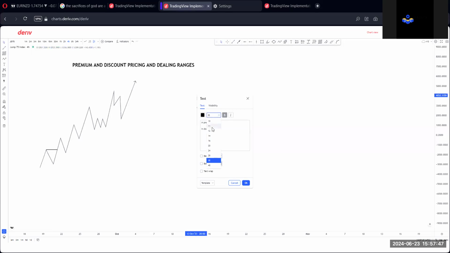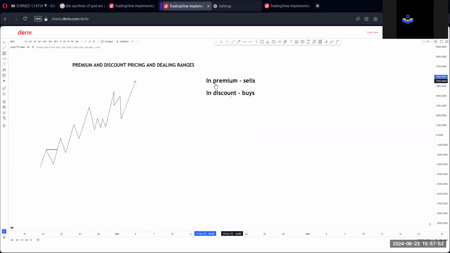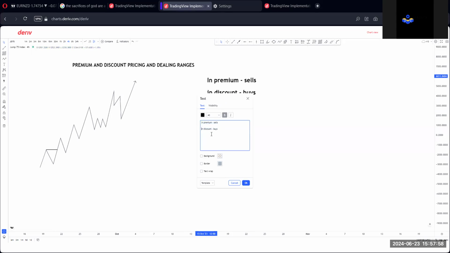So this is regardless of your bias. All right. So if you understand this, then you can employ it in your trading style, and it can help you boost your confidence when you are taking counter trades. All right. So we will have a look at that.